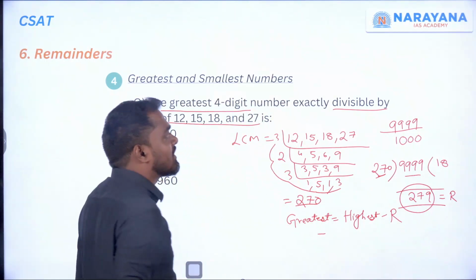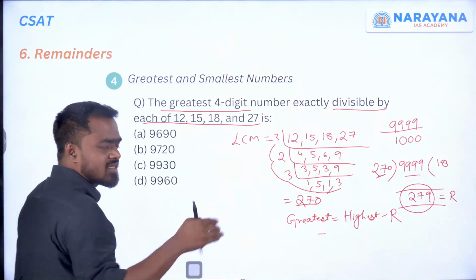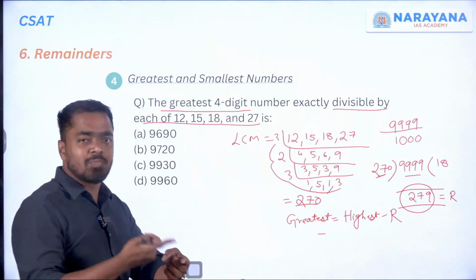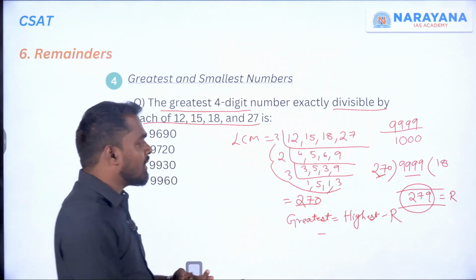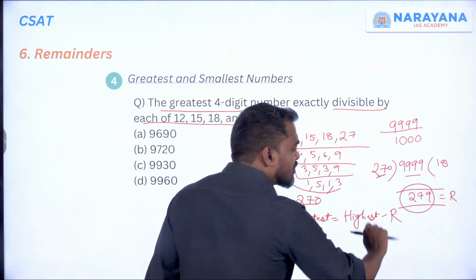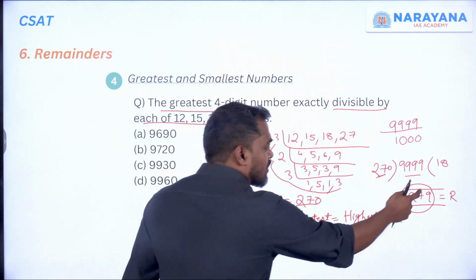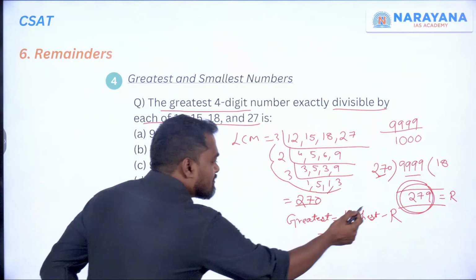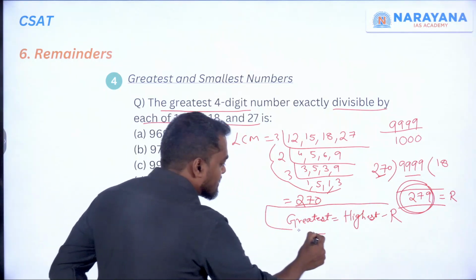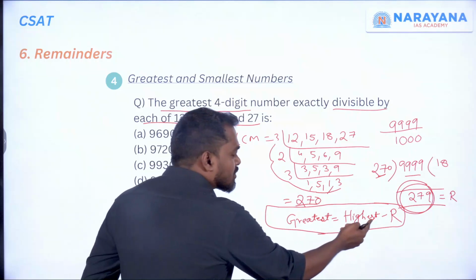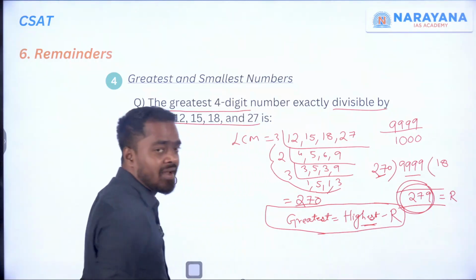Now, simple logic: if that number is divisible by this 270 LCM, there should be no remainder, right? So you have to take this remainder away from this highest number. So the simple formula you have to remember for these kinds of questions: the greatest number is equal to highest number minus remainder.